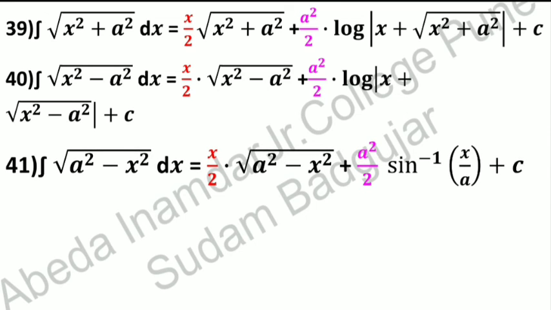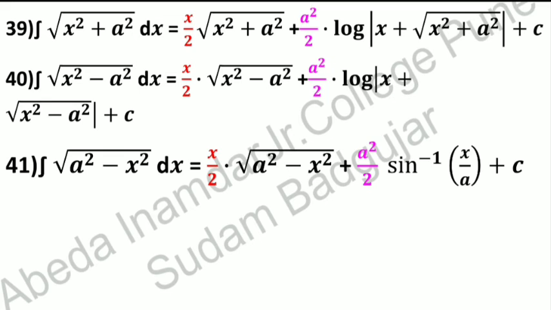Previously that factor was at the denominator, but in this case it is at numerator. That is integration of dx upon x square plus a square, here integration of dx upon under root of x square minus a square.